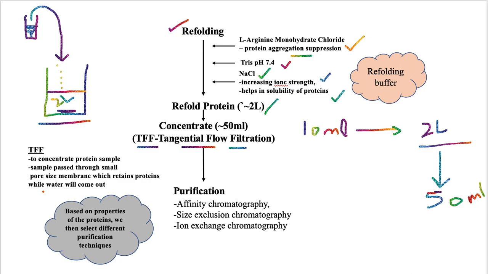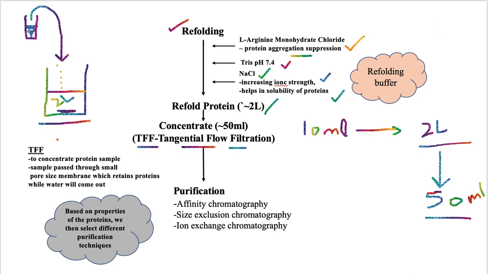So our protein of interest will be retained inside the system, which we will elute later, but the water molecules and the other chemical constituents will come out, so we can then discard that. And that's how we use this tangential flow filtration system to concentrate our protein of interest from that 2 liter sample into a particular volume.